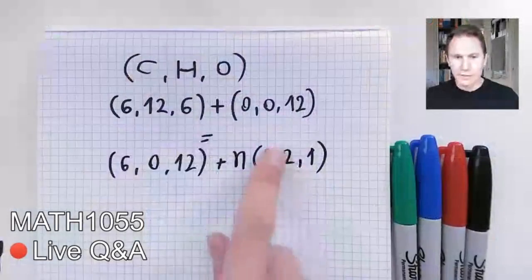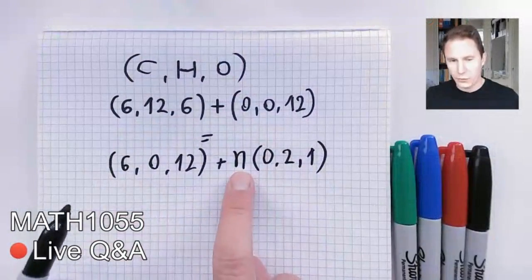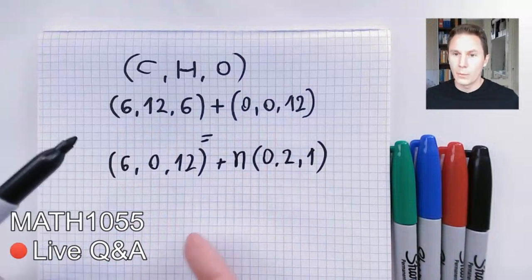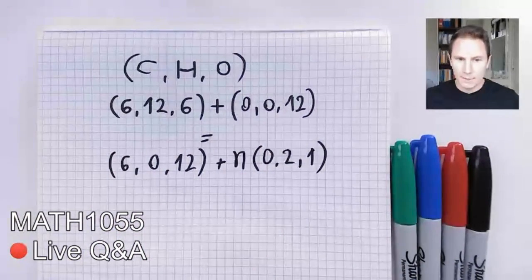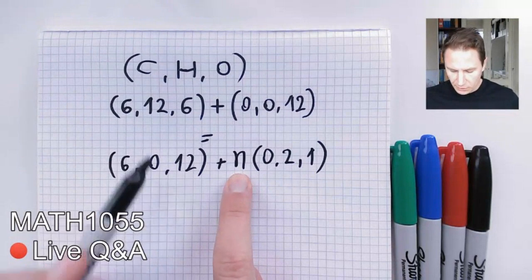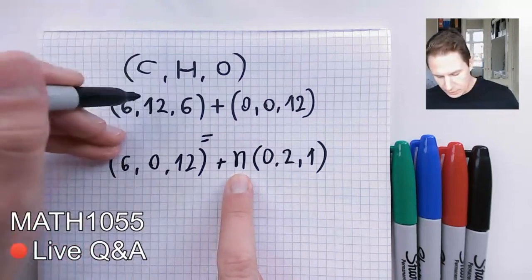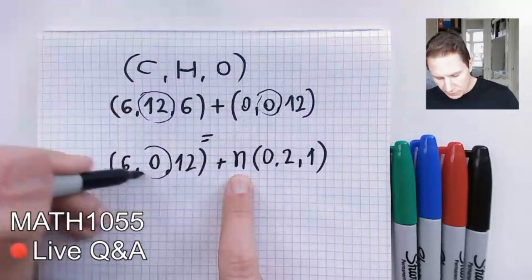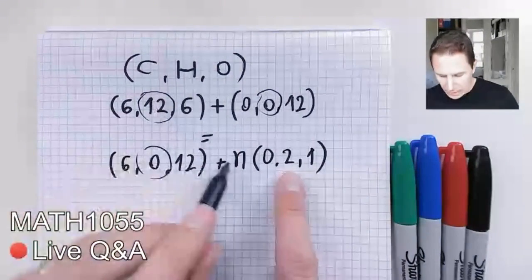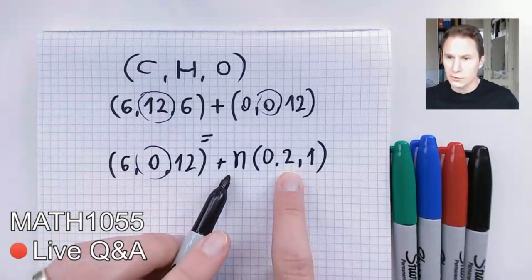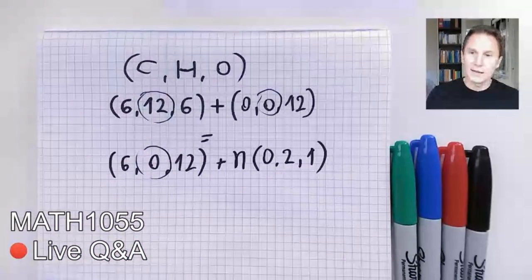Okay, so this is the equation we had to solve for n, and if you look component by component, you can solve for n, because here you have 12 in the second component, and you have zeros everywhere else. So in order to get 12, you have to have 6 times 2 in this vector. Okay, so that's the basic idea.